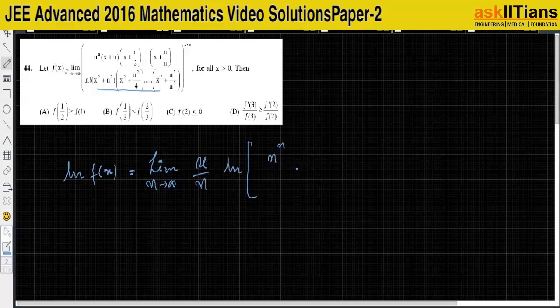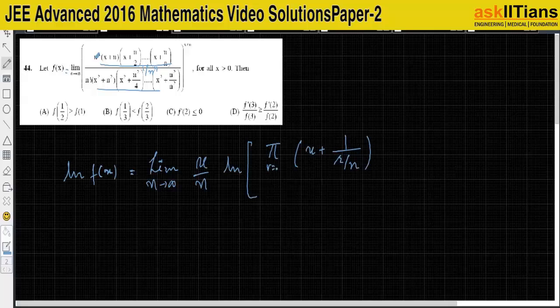I can just write it like this, right? 1 plus the general term, it will be 1 plus r by n, if I divide n everywhere. So I have n power n here, so I'll divide it here, 1 by n power n. So this n will get cancelled, and I'll get 1 by n, 2 by n, 3 by n, like that. Alright, so I can write the general term as x plus r by n, and this is pi.